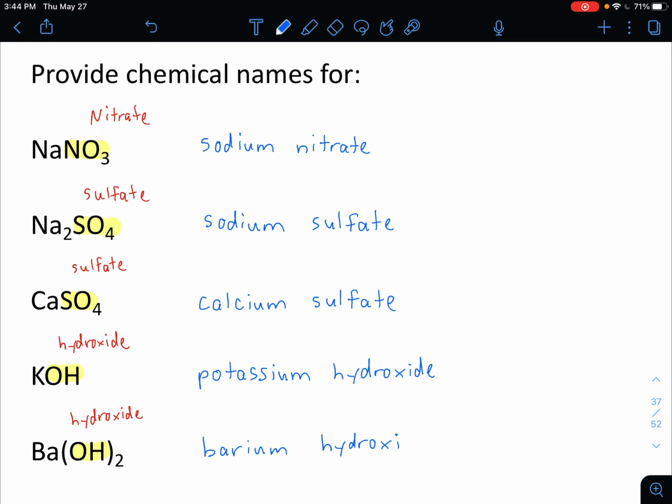I don't think there's any capitalization rules on these, so you may see me write them capital or not capital. It doesn't matter, but that's how that goes.